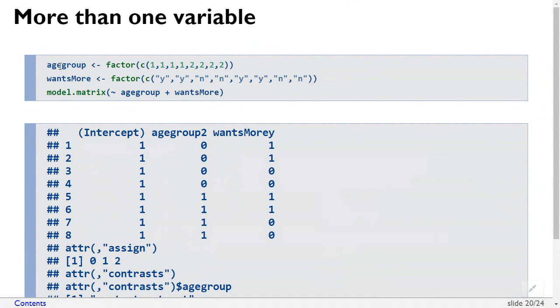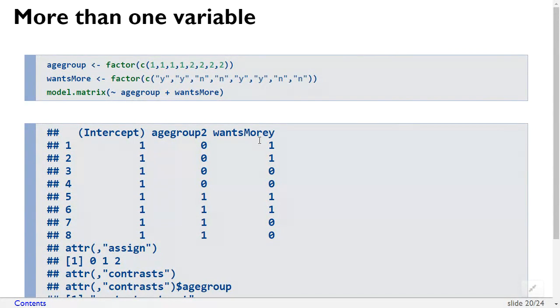In the multivariate case, here I've got an age group and wants more, but I've just made up some data as factors and made a model matrix. I have one column corresponding to age group 2 and one corresponding to wants more.